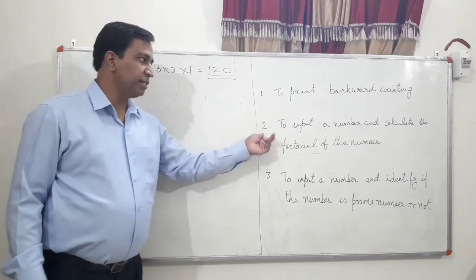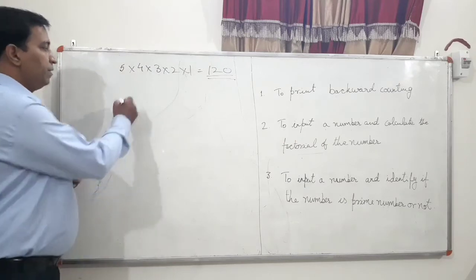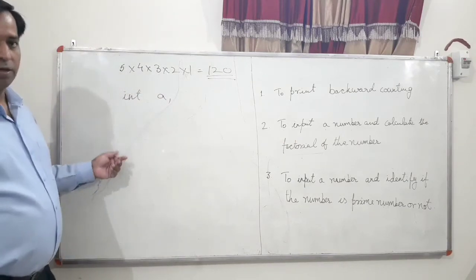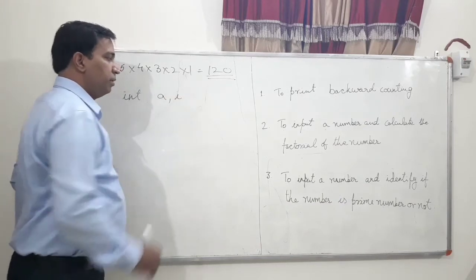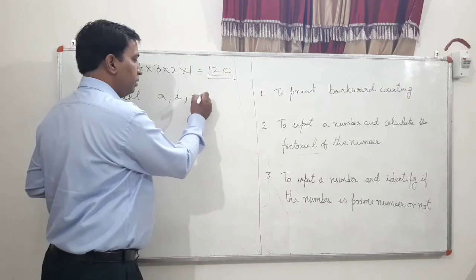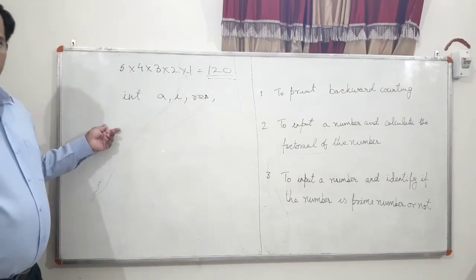As the statement says that we need to input a number, that means we need one variable to get the number, right? We need one more variable so that we can run our loop, and one more variable to store the result, right?